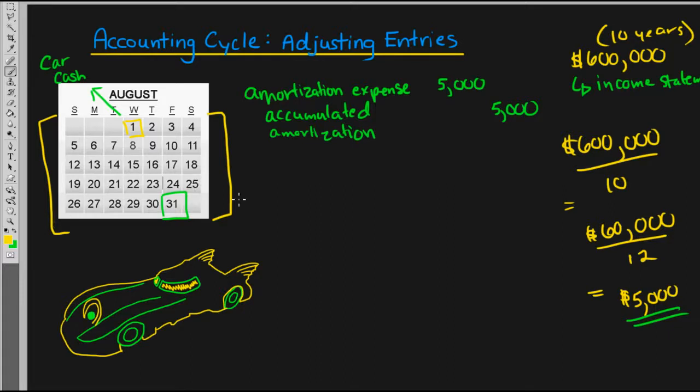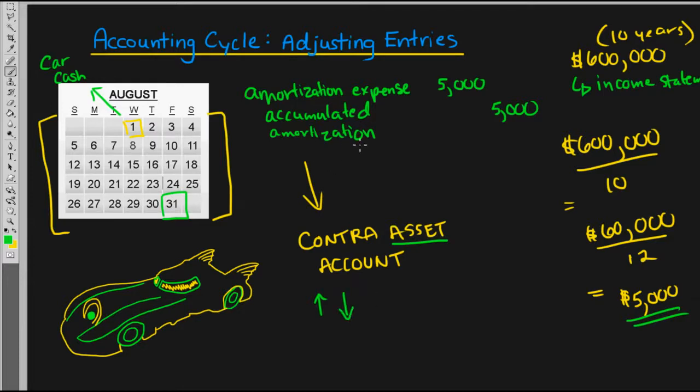So what is this random account that you've never heard of? Well, accumulated amortization, what is it? Is it an asset? Is it a liability? Is it an equity account? No, it is something what is known as a contra asset account. In contra asset accounts, what they do is when the contra asset account increases, the asset account will decrease.